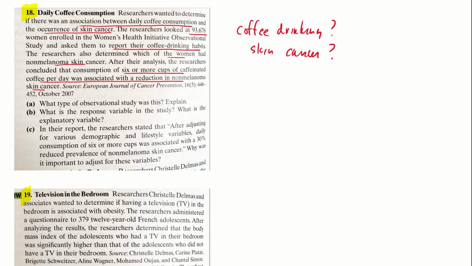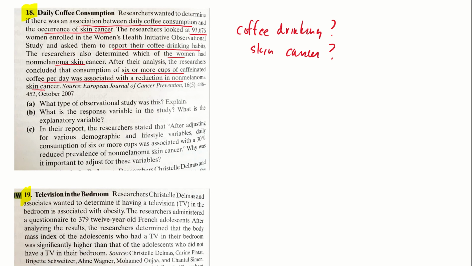Okay, so the question is, what type of observational study was this? Well, they're basically saying, hey, what have you done in the past? What have your coffee drinking habits been? And then we're going to check and see if you have non-melanoma skin cancer.